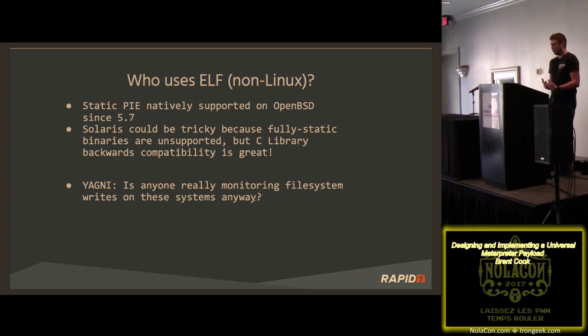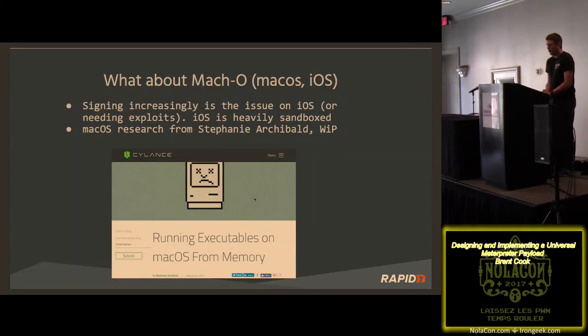It's really great. And when it comes to the more obscure systems, sometimes we can load into memory, sometimes we can't. But in a lot of cases, you just don't care because no one's really monitoring the file systems on some embedded ARM system. That's just the fact of the matter.